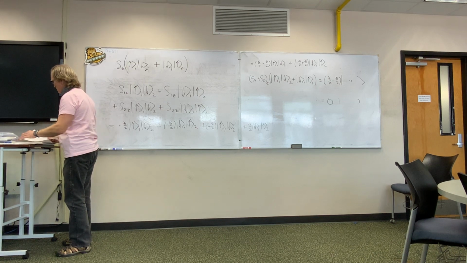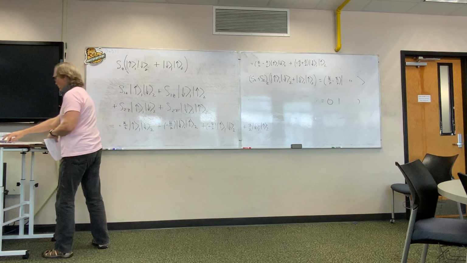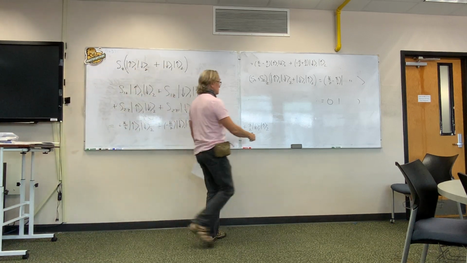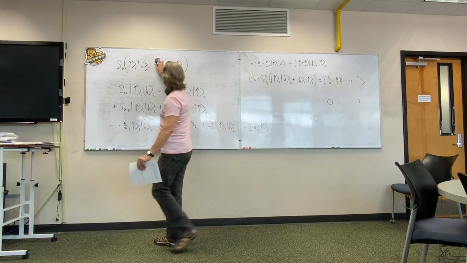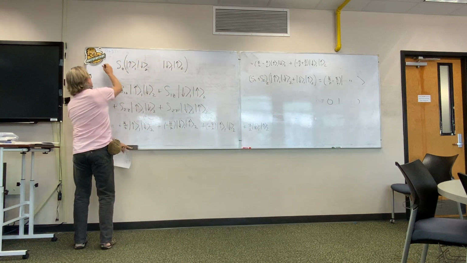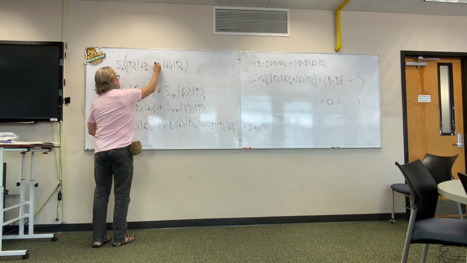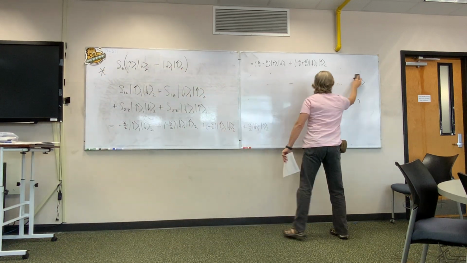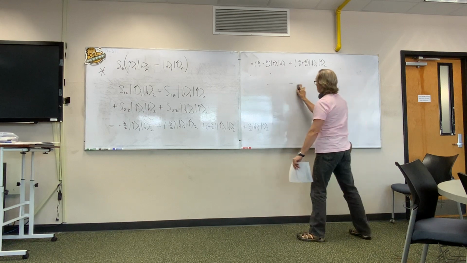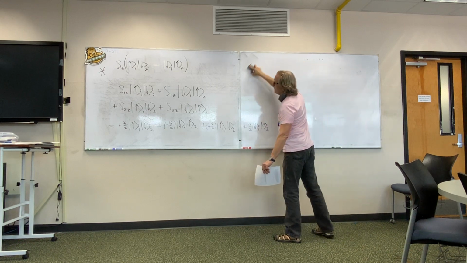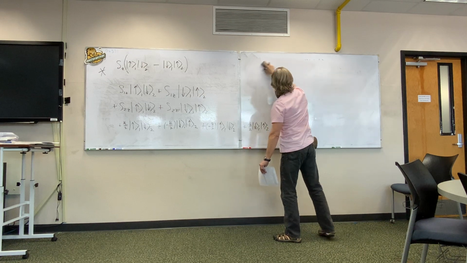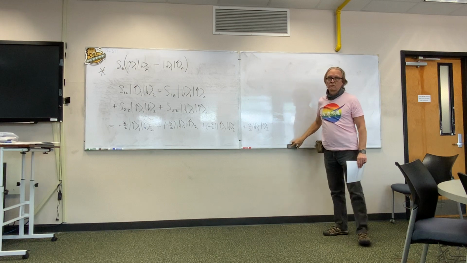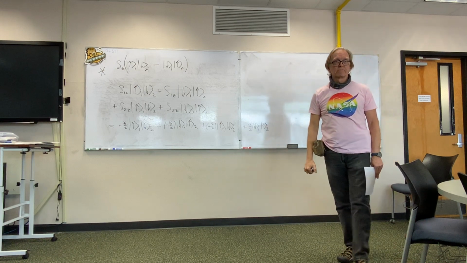There. So, do this. Give you a second to write that down, but all I've done is instead of adding those two particle functions, I'm taking the difference between them.